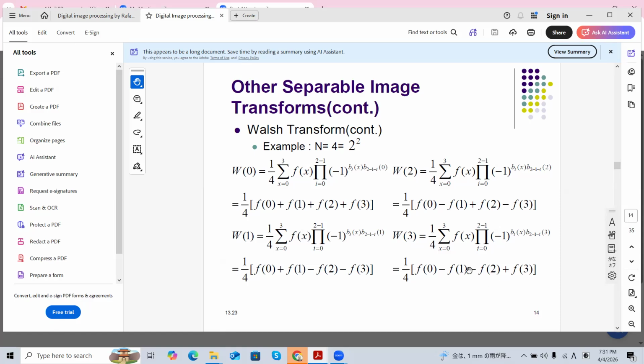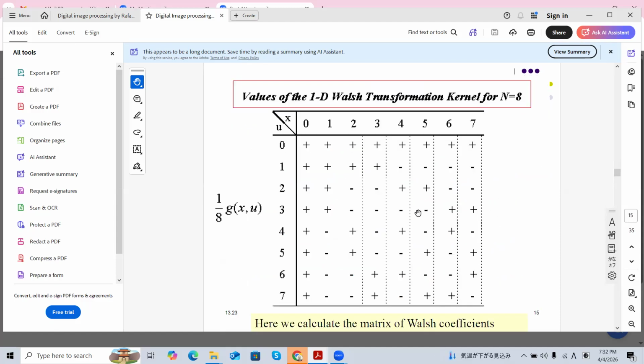As we see, the highest change is not at the end, at the highest frequency, rather it's in the middle, for instance, number two. Later I will show it's like this. For instance, for N equals 8, x is 0 to 7, u is 0 to 7.